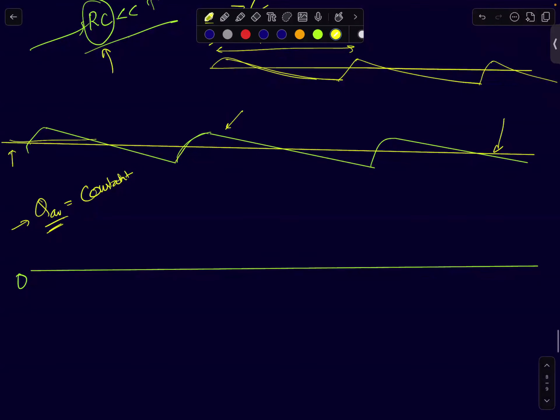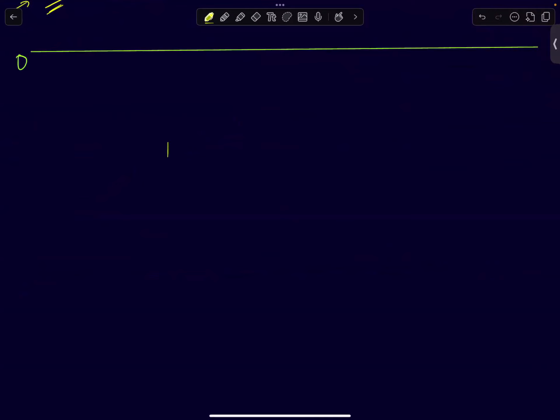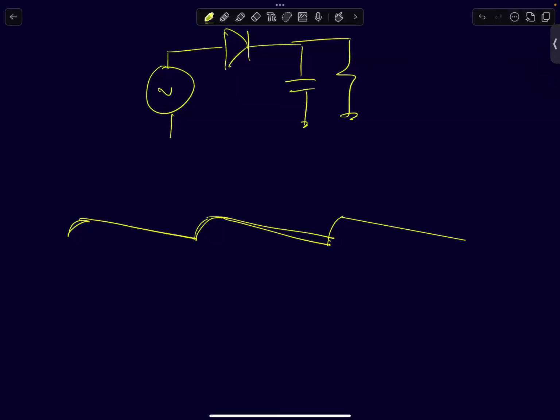So what's happening here is that if you look at this circuit, say I'm drawing the steady state waveform, not the first clock cycle. So in steady state, the waveform looks like this. This is your input sinusoid.